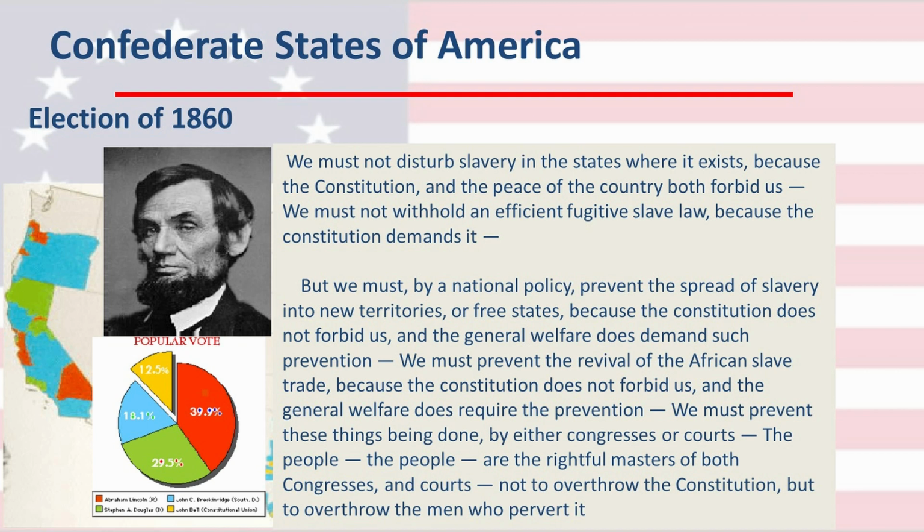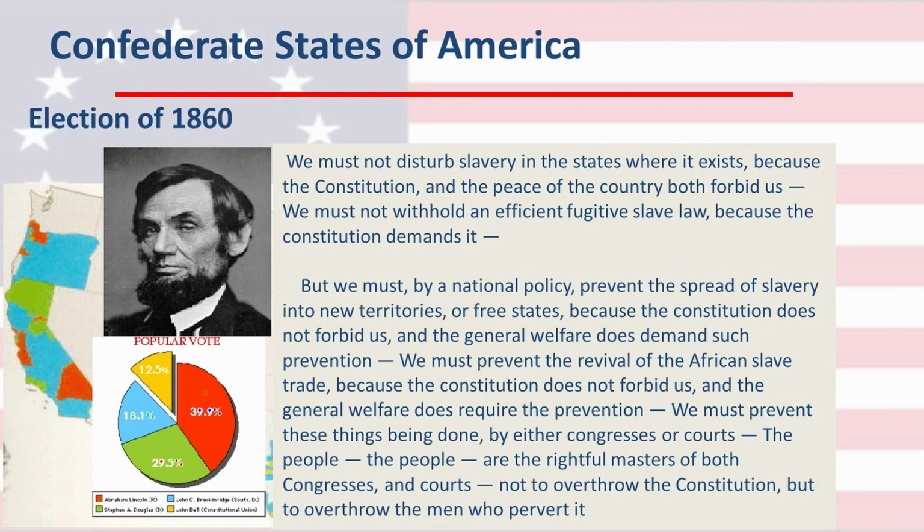But we must, by national policy, prevent the spread of slavery into new territories or free states, because the Constitution does not forbid us, and the general welfare does not demand such prevention. We must prevent the revival of the African slave trade, because the Constitution does not forbid us, and the general welfare does require the prevention.